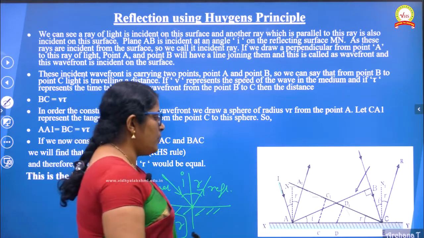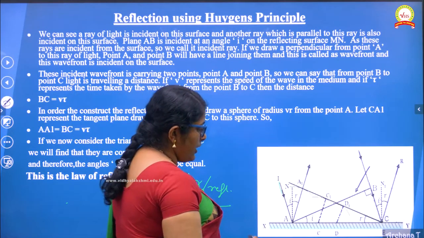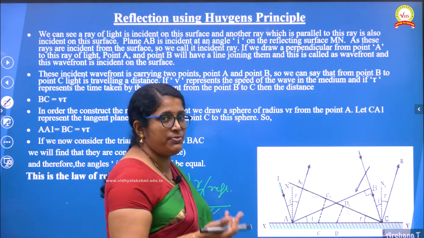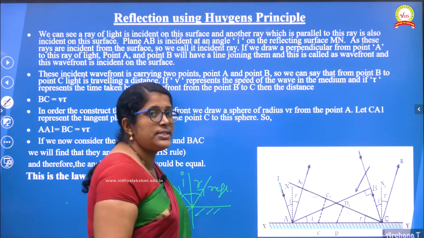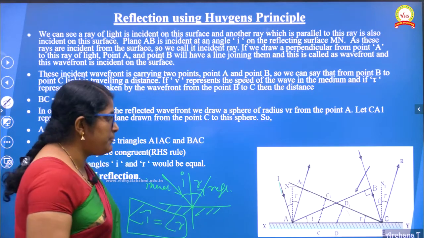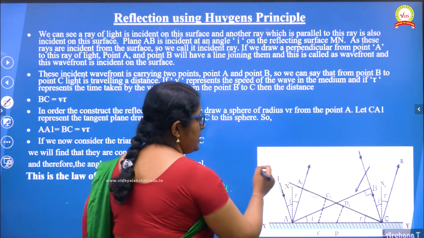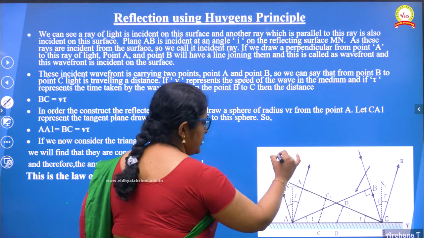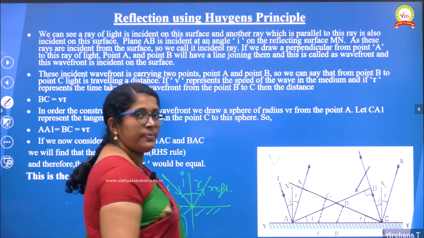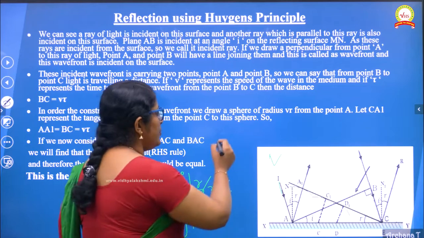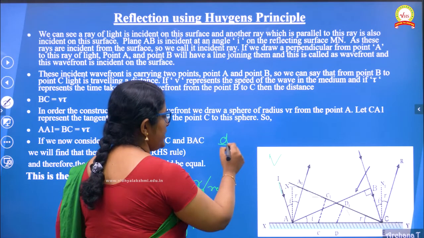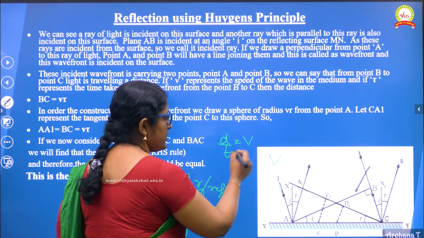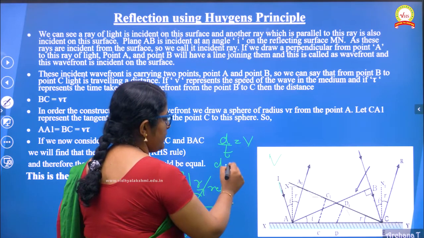Now next we have to draw the reflected wavefront. How can the reflected wavefront be drawn? We already saw this in the last class. Suppose the velocity of light in this medium is V. You know, distance traveled is velocity into time. So what is the distance traveled?